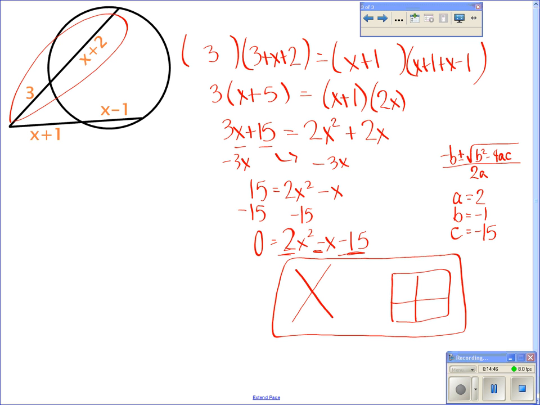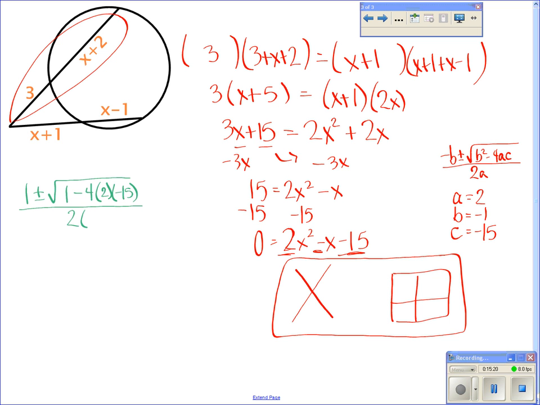So looking at this, with that formula, I'm going to do negative what? Negative b, so I'll put it in parentheses with a negative 1. So it's positive 1 plus or minus the square root of what? Negative 1 squared, which is 1, minus 4 times 2 times negative 15.